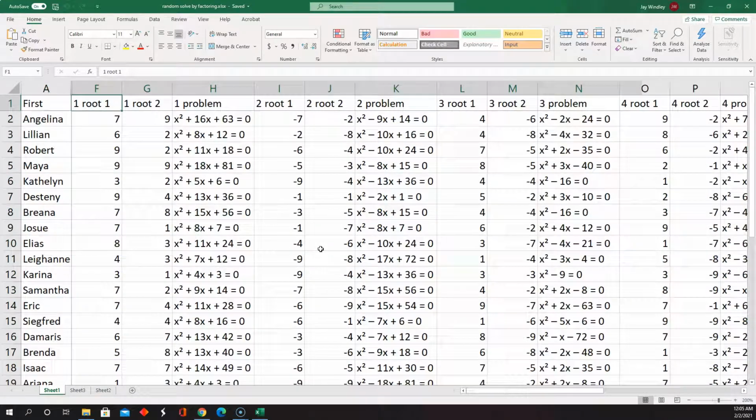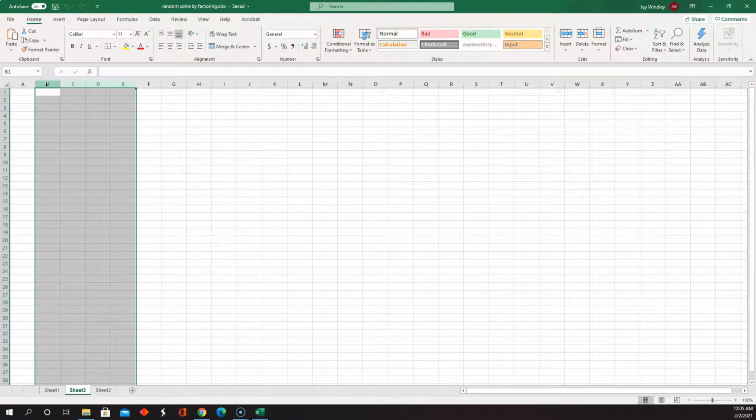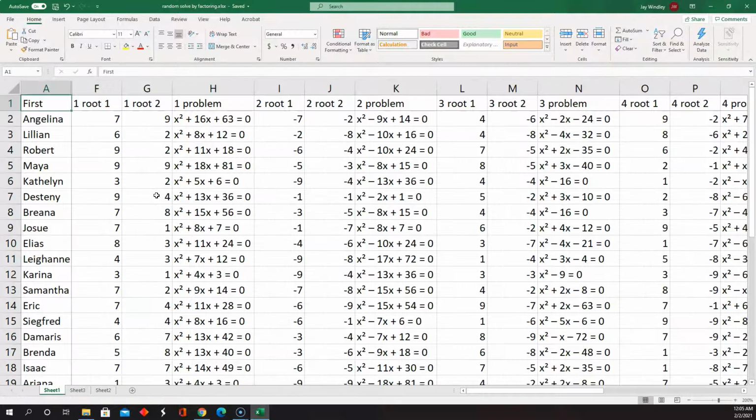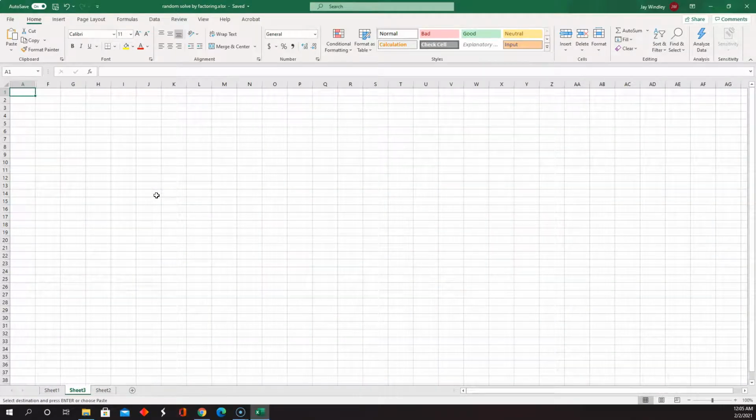Hold on, I want to hide B, C, D, and E so you guys can't see the vital information. Okay, bam. So go back to this sheet, highlight everything, copy, and then come over to this other sheet, and we're going to just paste values.